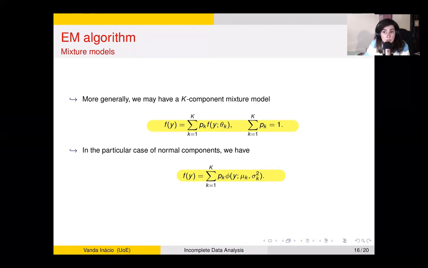Then how do we choose an appropriate number of components? Here, because it's a very popular example, we knew that a two-component mixture model was all that we needed. In other cases, it might not be as clear the number of components that we need, but that's a completely different topic, and I will not enter into the details. Here, the goal is just to illustrate how to apply the EM algorithm to mixture models.